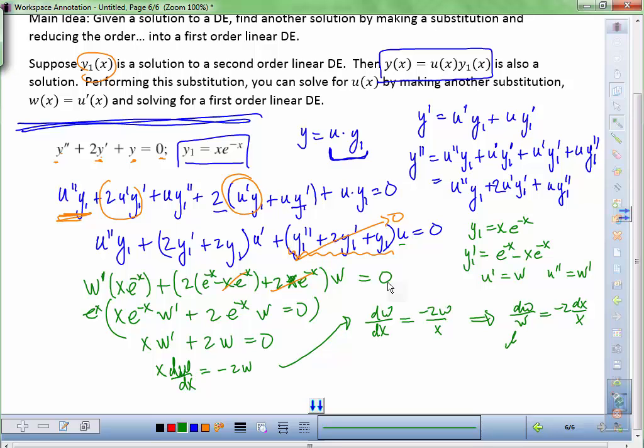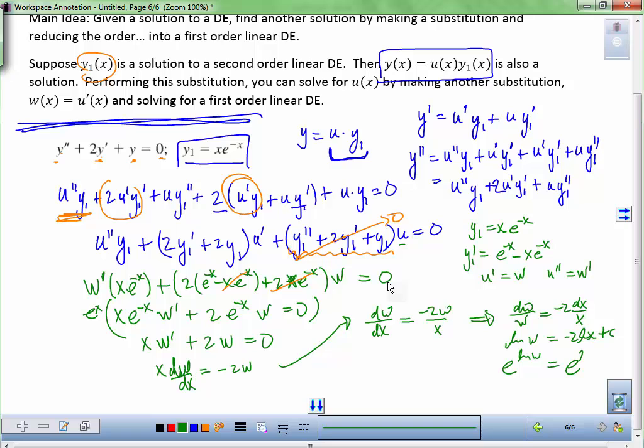So integrate, we have the ln of w is equal to negative 2 ln x plus c. And then we probably want to take this to a power, e to the ln x to the negative 2 plus c.